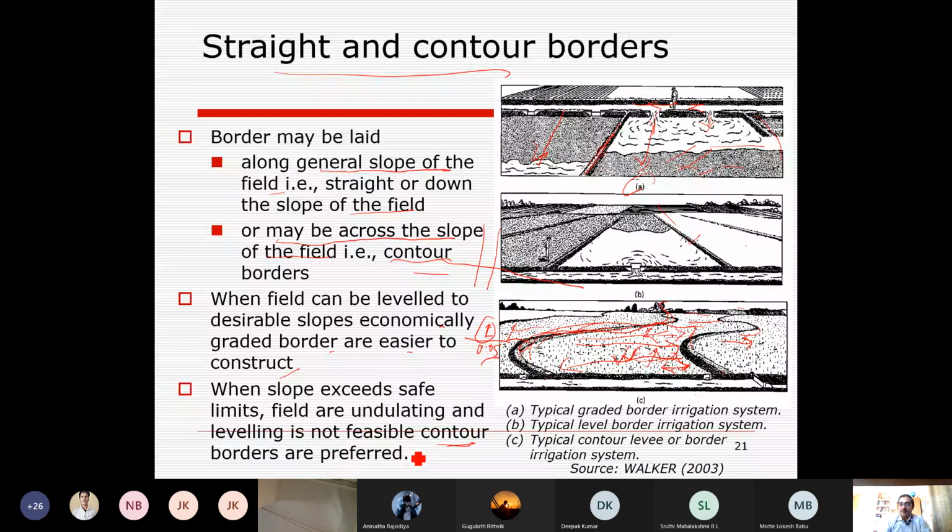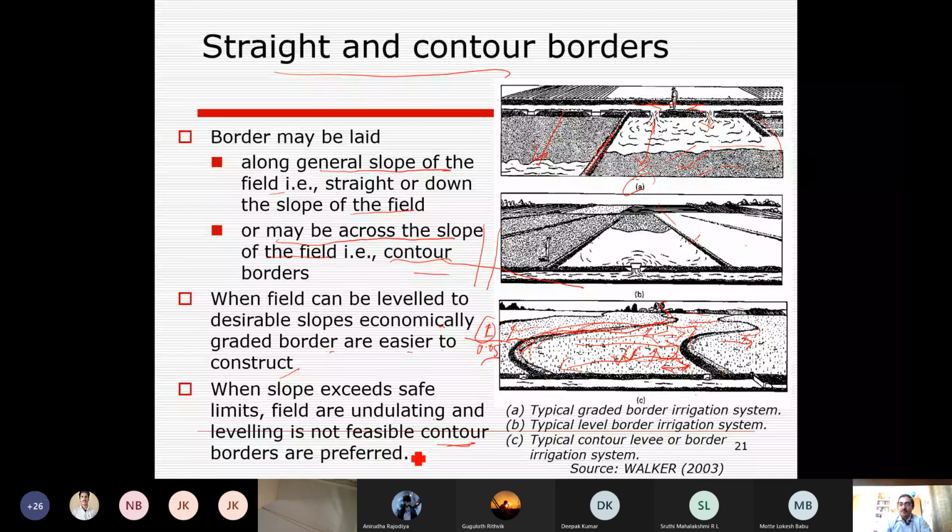Now, what are the specifications for designing? Important are based on the size and width, which can be 30 meter.